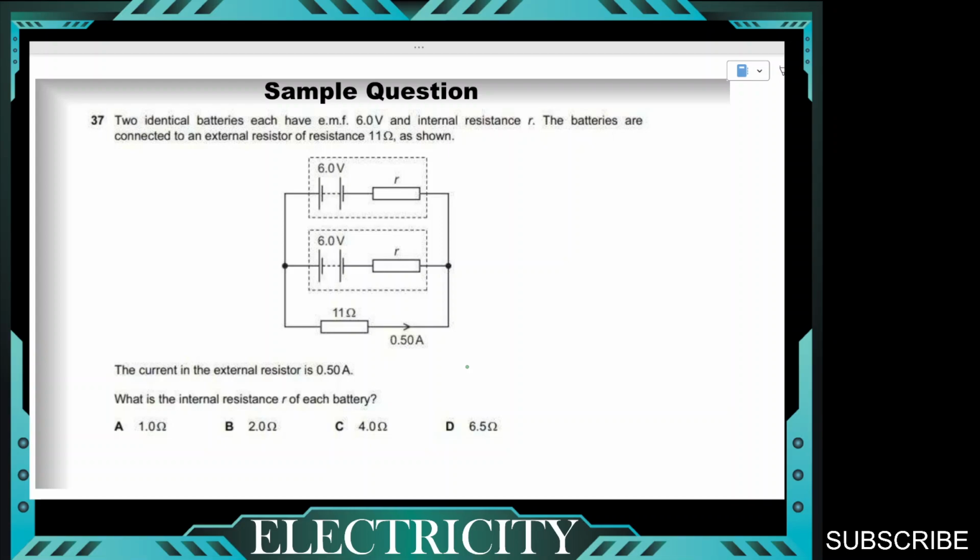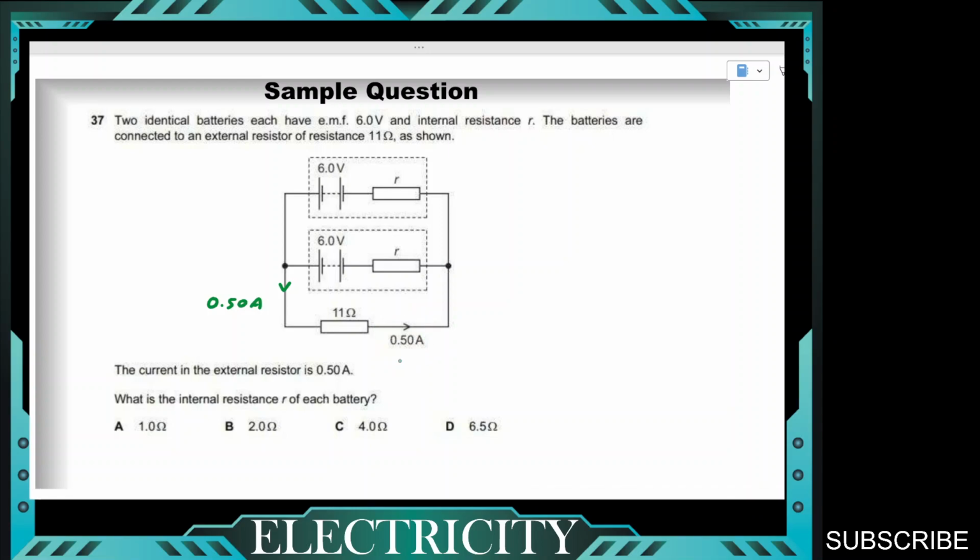And the current in the external resistor is 0.50 amperes given over here. So that means this current comes from here. That would also be 0.50 amperes. And the internal resistance needs to be found out.